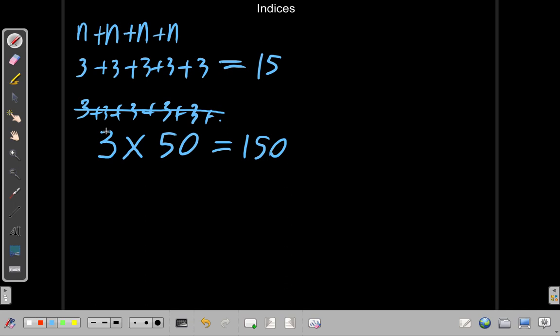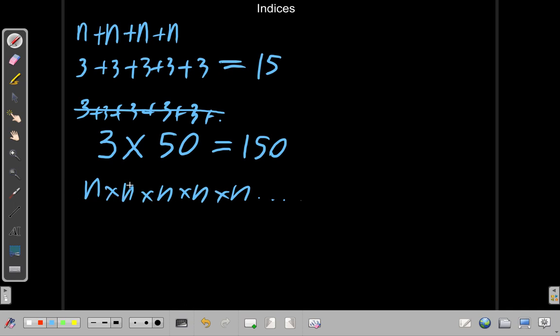Now, consider that you have a number and you have to keep multiplying them. The same number repeated. So just like how we had repeated addition up here, you now have repeated multiplication. The number n times n times n times n times n, and so on. And you have a number of these numbers.